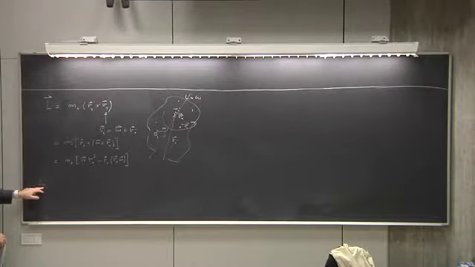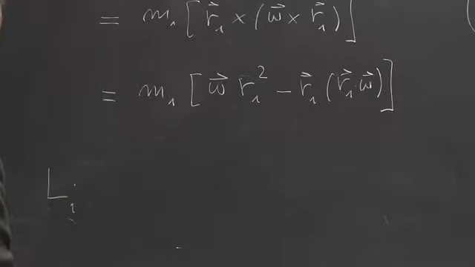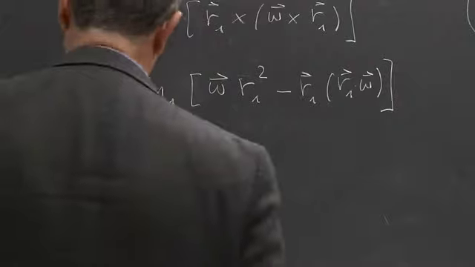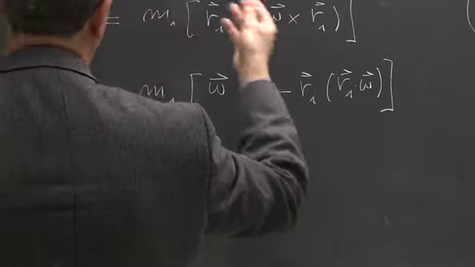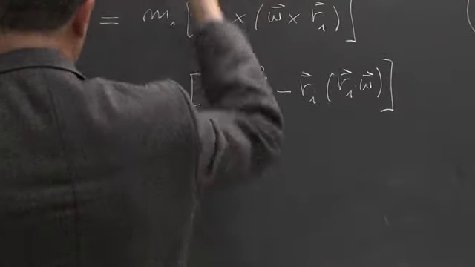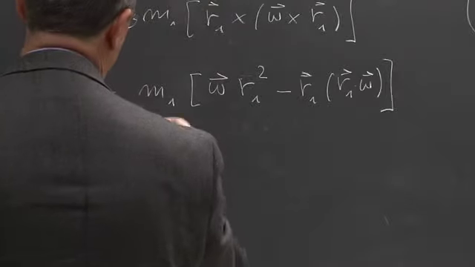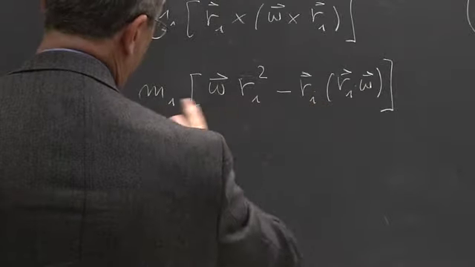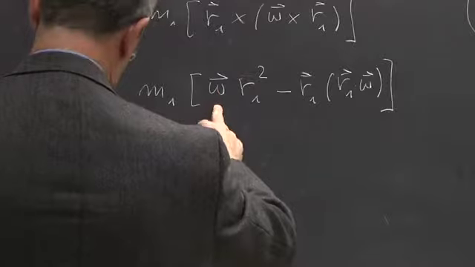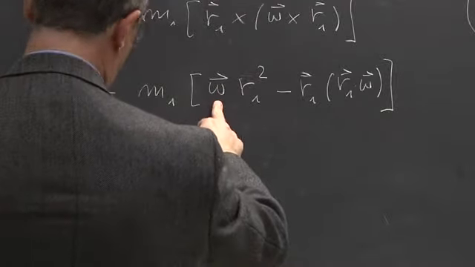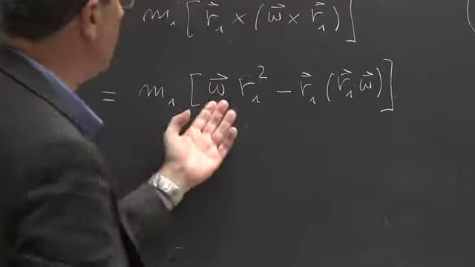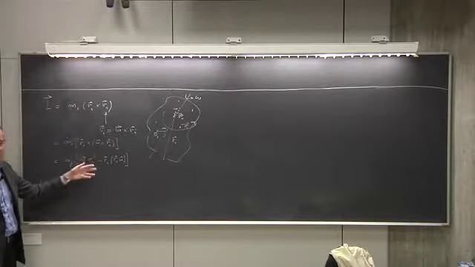It has three components, and I call this component L_i, I guess. It's a different i than that one. And you see, it's proportional to the component of omega, okay? But it's not linearly proportional. You see, there is some mixing.